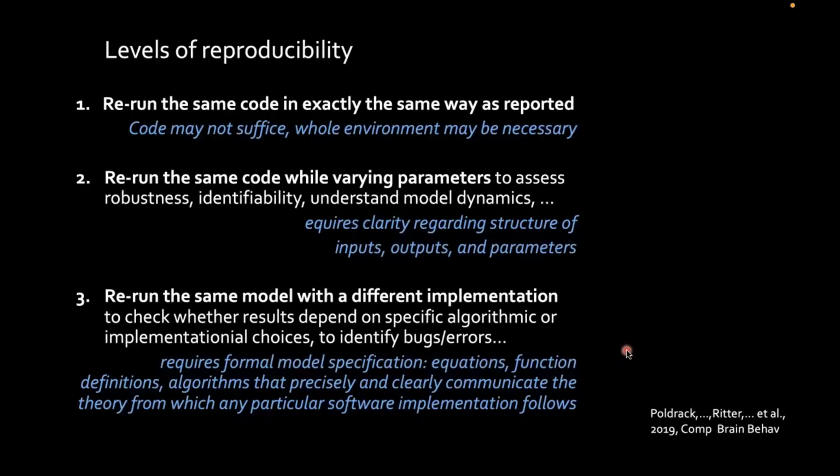So the thing is that assuming there was some cool research with some code, then sometimes it also happens that you cannot reproduce this behavior when you implement your scientific theory with different code. And then it turns out that the whole reason for your result was not something on a high level, something theoretical, but it was just an implementational choice, for example, the way a random number generator was used and so on.